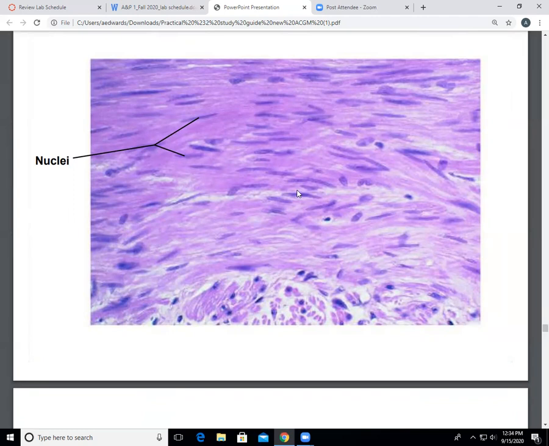Are they voluntary? Skeletal muscle is voluntary. Cardiac and smooth muscle are involuntary. So the answer is no. All right, how about being striated?